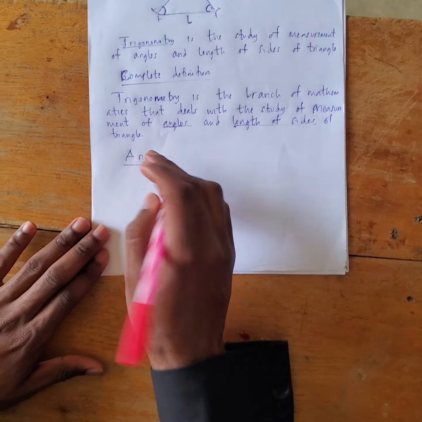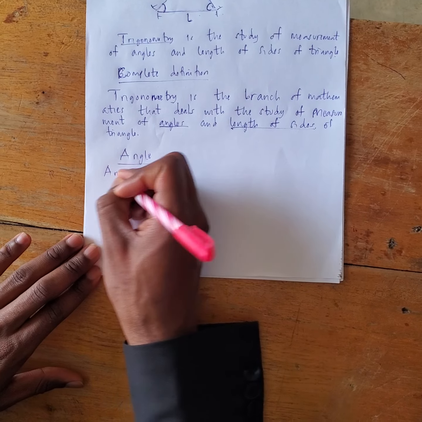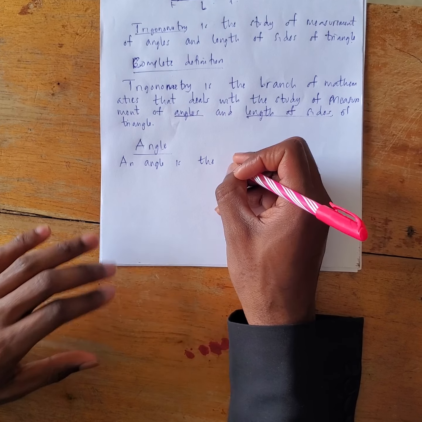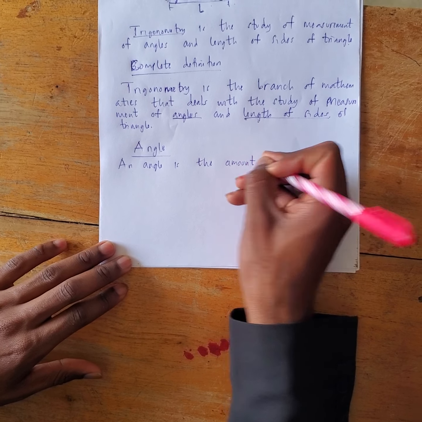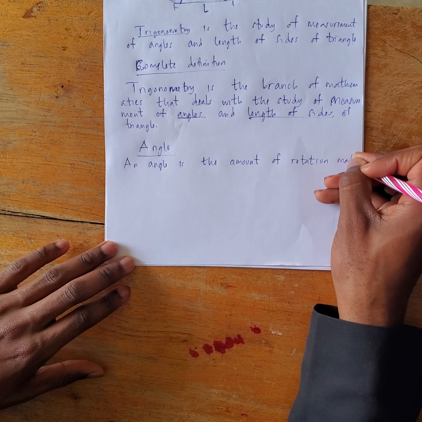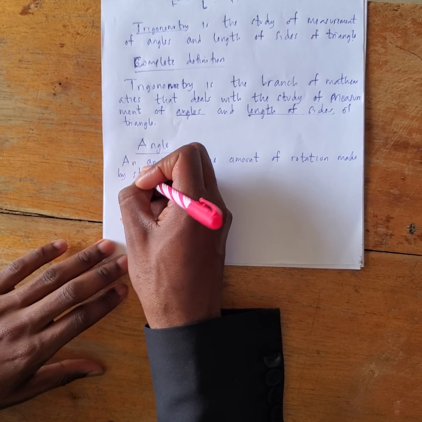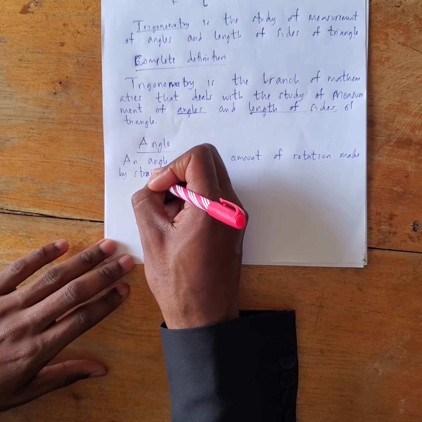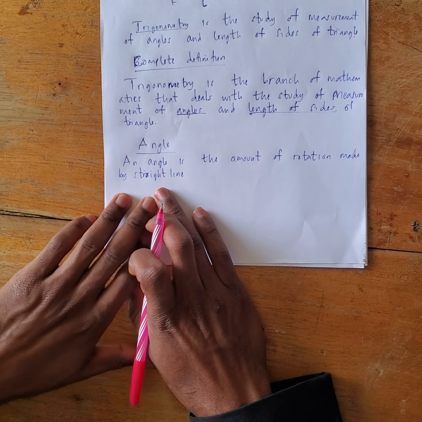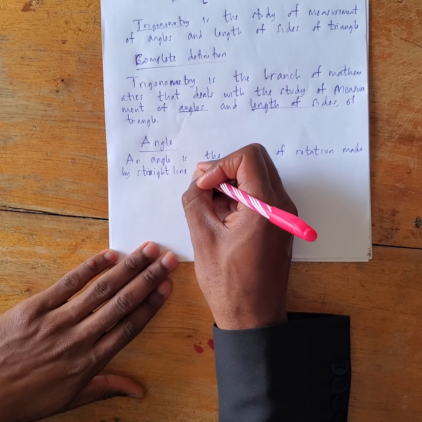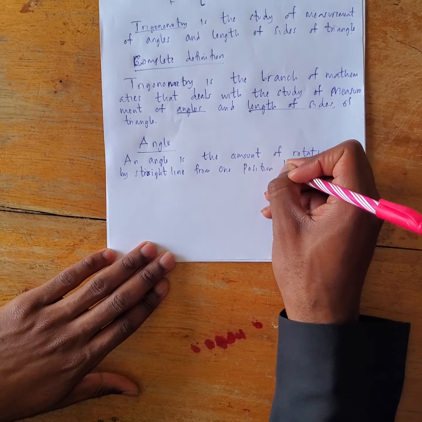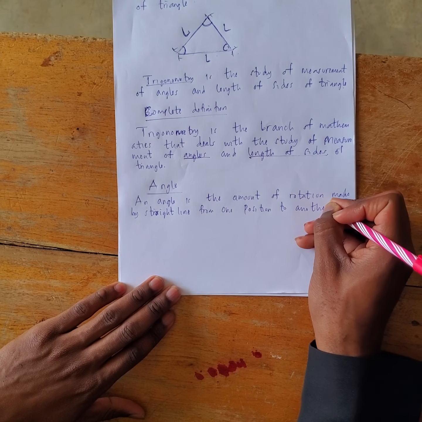Class, when I'm talking about an angle, an angle is the amount of rotation made by a straight line from one position to another.